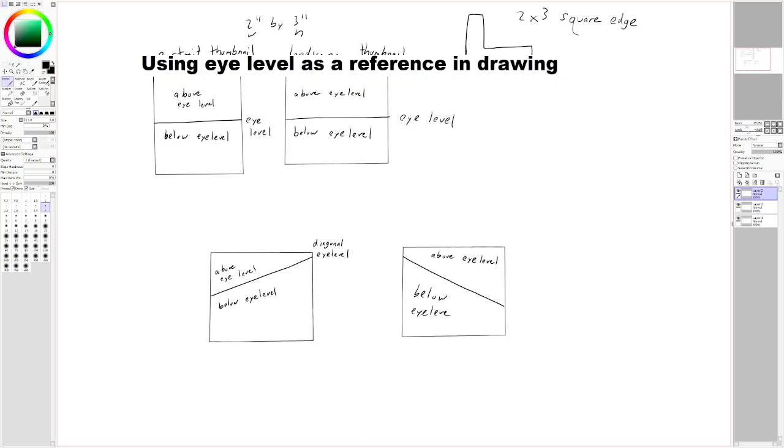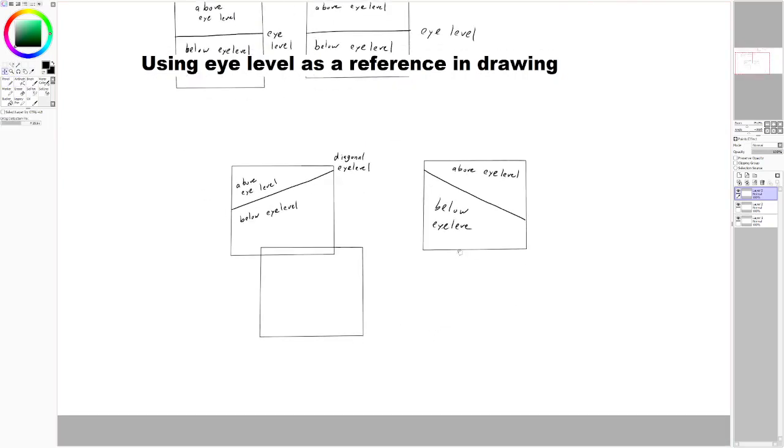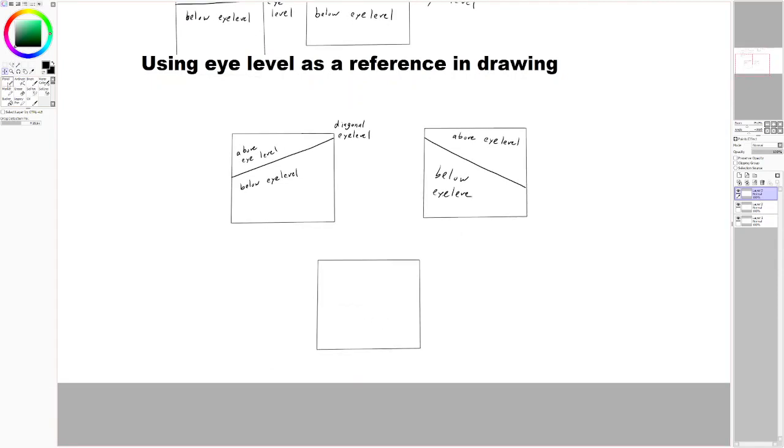The other thing that I wanted to mention is that you could have issues in which the above eye level, or the horizon, you know, you have a very small above eye level. I should have said that this was eye level.